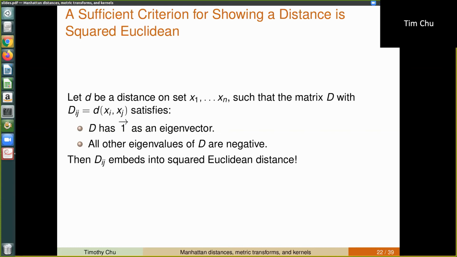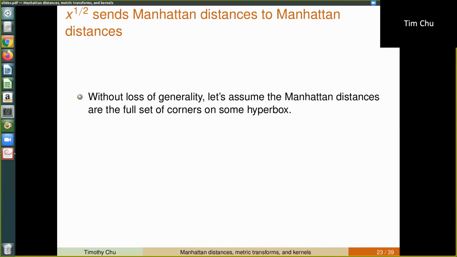Of course, there are many squared Euclidean distances that don't have these magic matrix properties we described, but it turns out for our proof, this criterion is enough. So what we've done is established a criterion for if you give me a set of distances and they happen to have the magic properties in these 2 bullet points, how do I know if the distance is a squared Euclidean distance? Great.